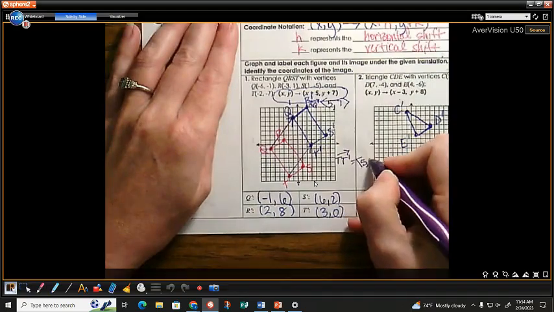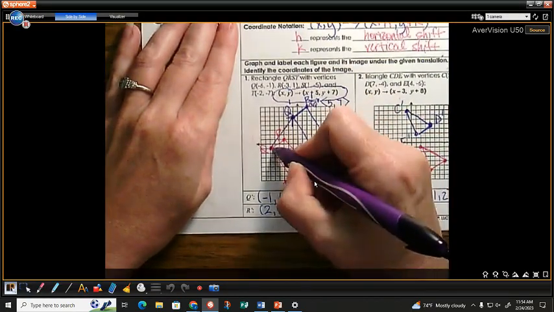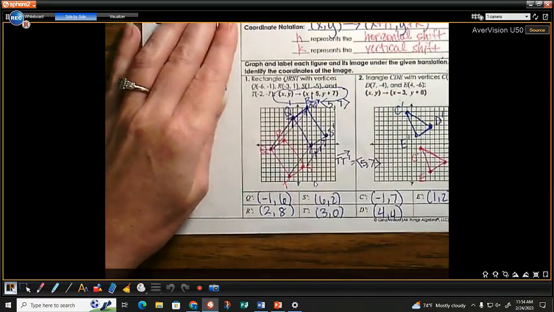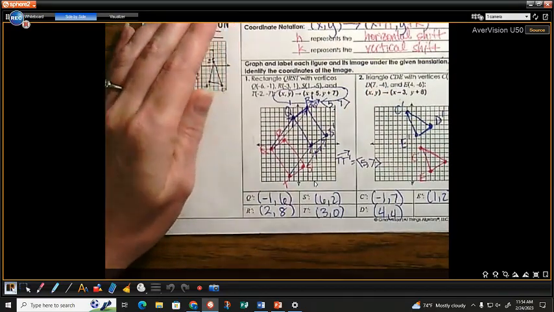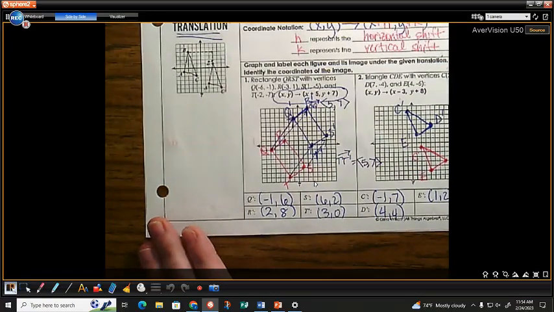And how far up? 7. What do you notice about all of my vectors? They're all 5, 7, which means they'll all have the same slope, which means they are parallel. They are also all congruent because we're moving in the same magnitude. But since we're moving the same magnitude and the same direction, that's what gives it the same slope.